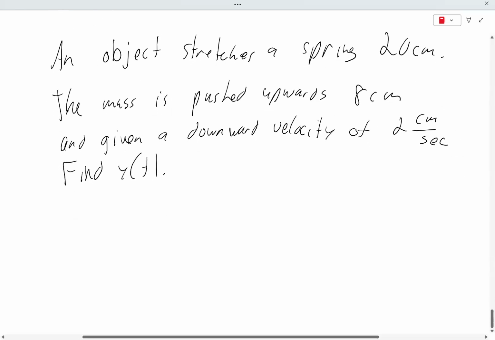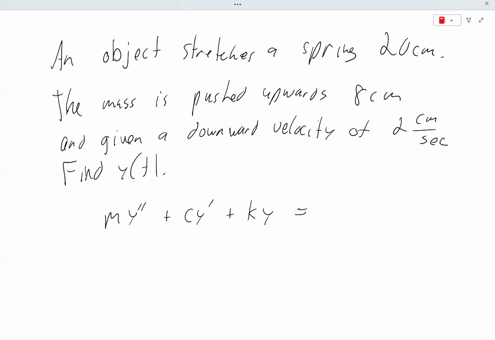Okay, so I'll find this here then. Now on the formula sheet, I gave you a few things there. You got m y double prime plus c y prime plus k y. In this case, it's going to be equal to 0, because there's no forced motion on it. This is the mass of the object, this is the damping constant, and this is the spring constant.